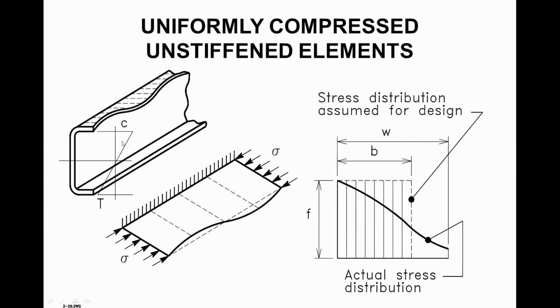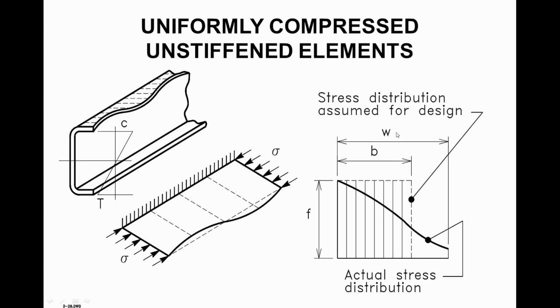If I have an unstiffened element, again, at an ultimate condition, I'm going to have a wave formation forming in here, which means a full section isn't working for me. That means my stress distribution looks something like this. I'm going to estimate that strength by this effective width.